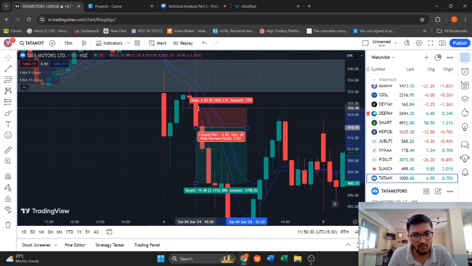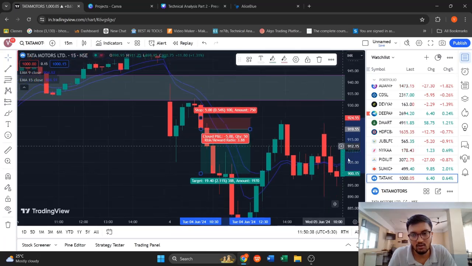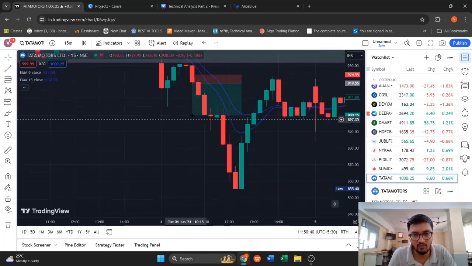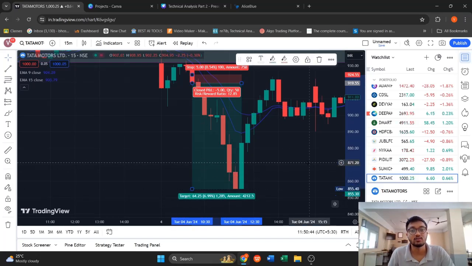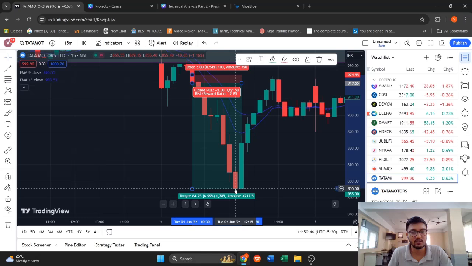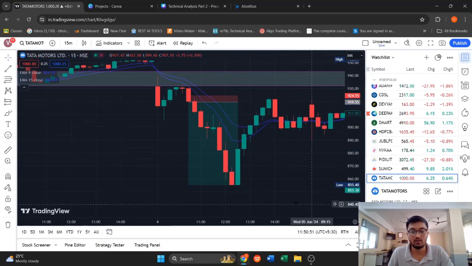On a risk to reward, I'll just set my stop loss at 5 rupees, and you would have captured a very big move that day. 64 points it fell on a single day. Tata Motors is around 1,000 rupees, so the stock gave a momentum of almost 5-6%.